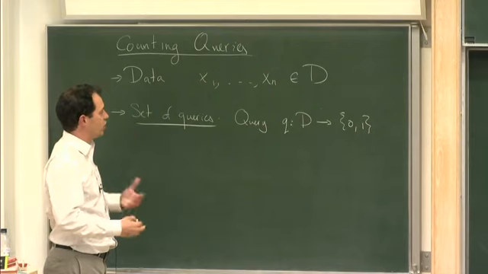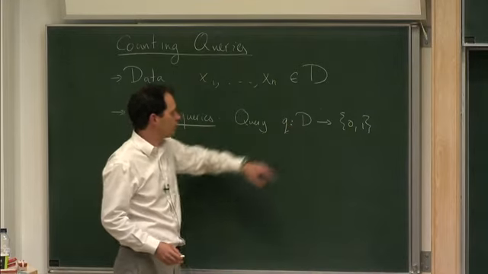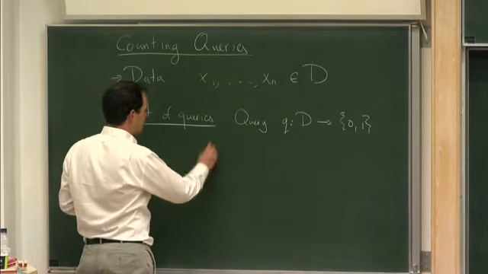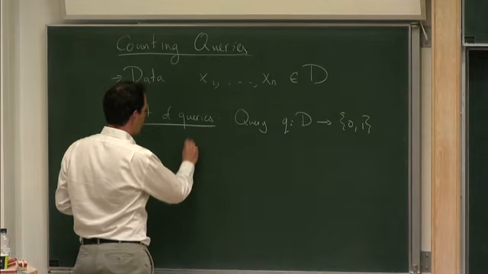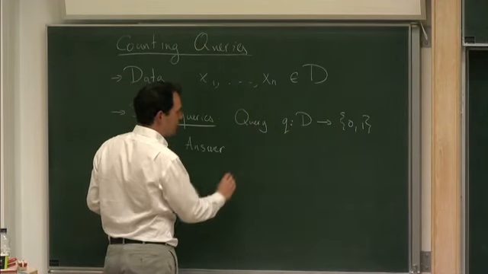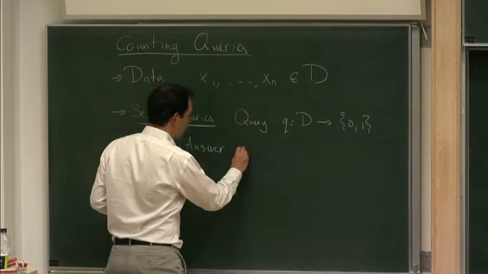This is how I specify my question, and the true answer is the number of people in the data set that satisfy this property, so that get labeled with a 1.